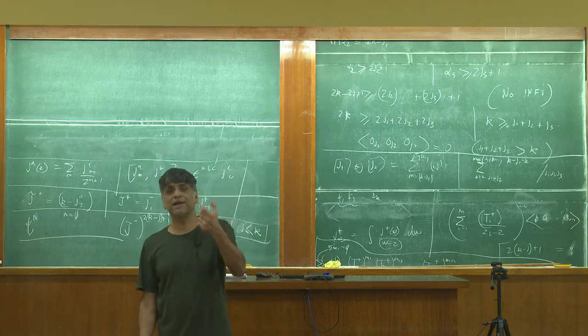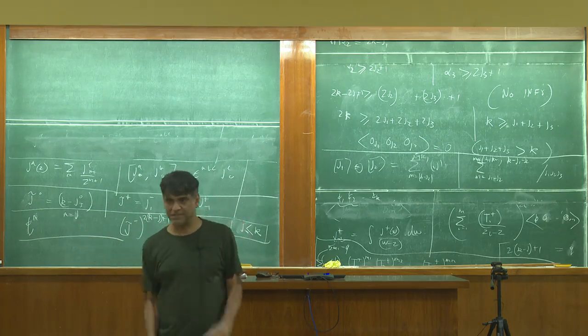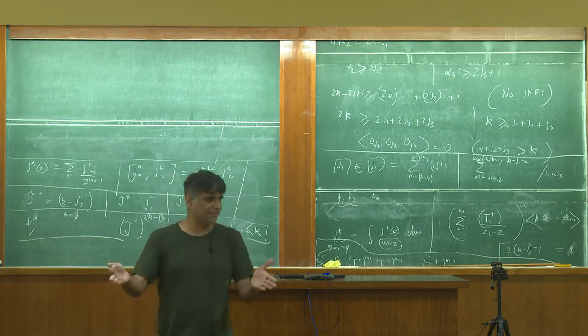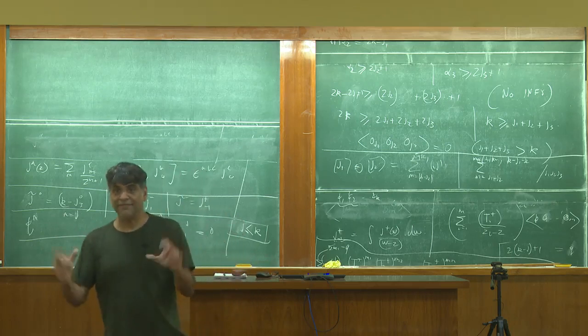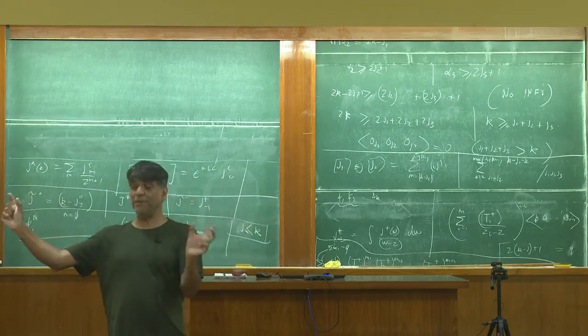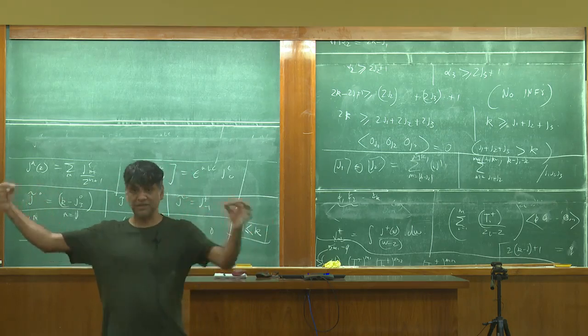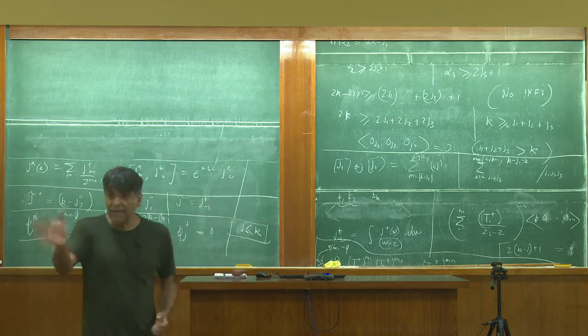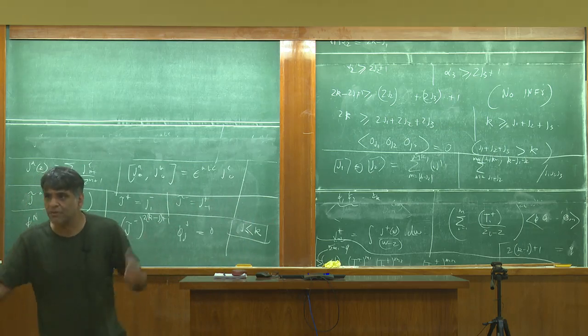Because you can fuse J1 and J2 to give everything between J1 minus J2 and J1 plus J2. You can fuse J3 and J4 to give everything between J3 minus J4 and J3 plus J4. And then if there are common representations between those, you can fuse those. There may be many such common representations. So you have many ways of forming singlets out of 4 operators.